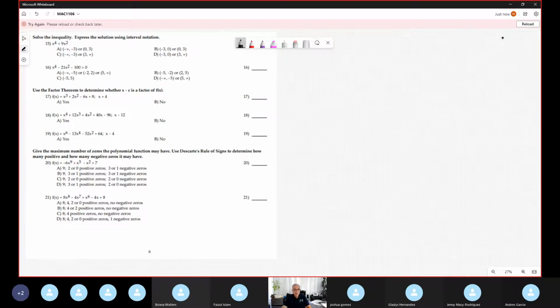In this case the coefficients are 1 positive, 12 positive, 4 positive, 40, and -96. So I need to prove whether x minus 12 is a factor or not. You put the opposite sign, which gets positive 12.